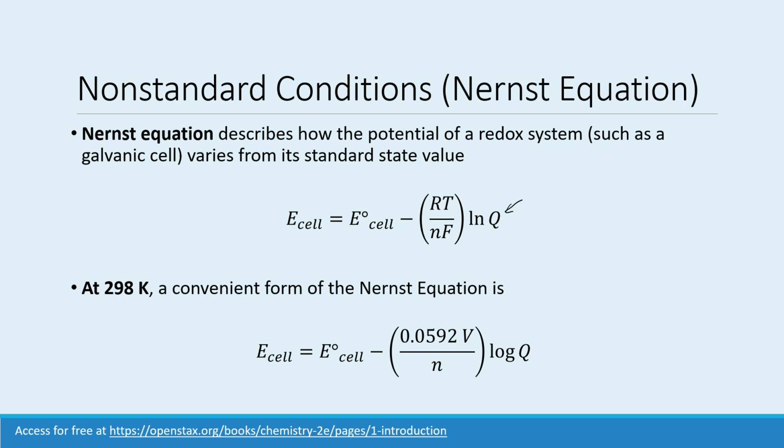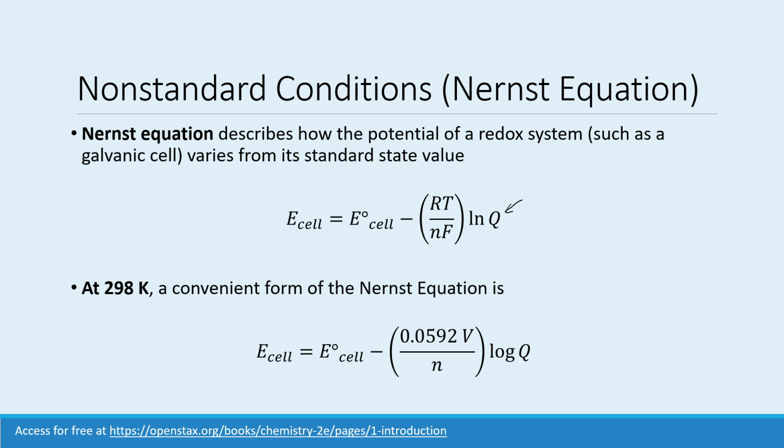And so remember, the equation to calculate Q should look exactly the same as your equilibrium constant equation, except that the concentrations won't be at equilibrium. So just remember, Q and K have the same equation, it's just that Q is not at equilibrium.